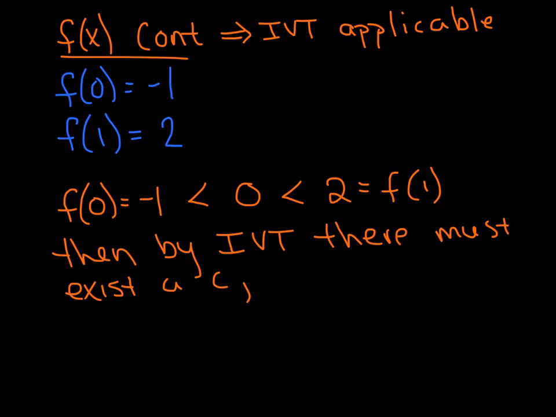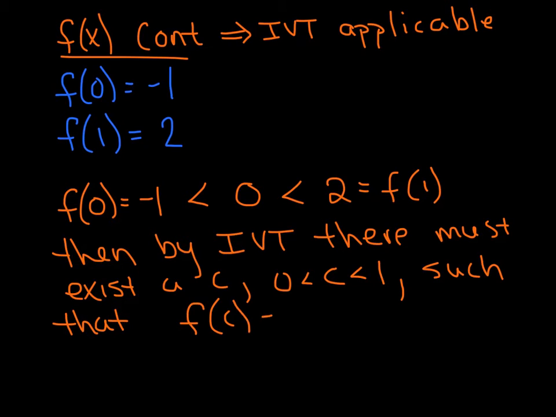And now we want to declare where that c lies, somewhere between 0 and 1. There must exist a c between 0 and 1 such that f of c equals 0.